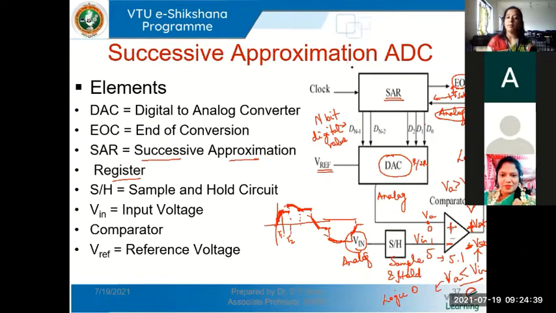So if the maximum output is all ones, say I have an 8-bit successive approximation register, then I may bring the output to a middle value, that is 1 followed by all zeros. We can set this to a middle value, and then this digital value is brought to the DAC, which will convert that digital to a voltage.